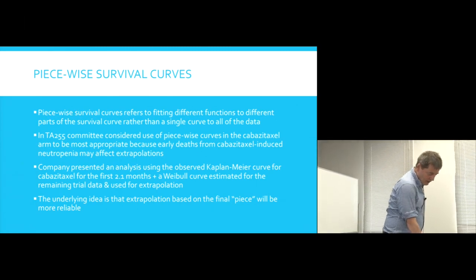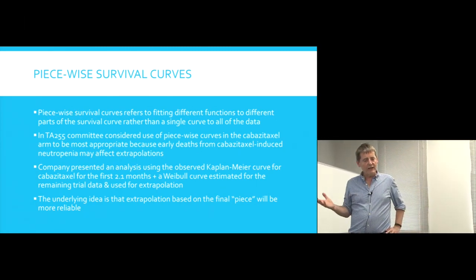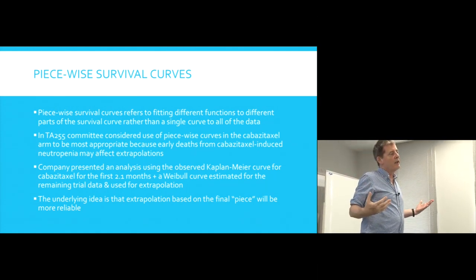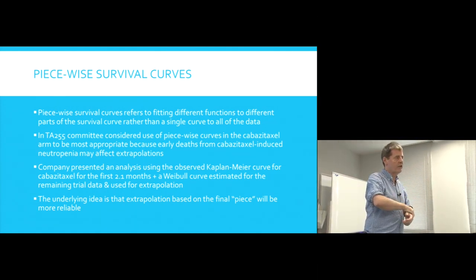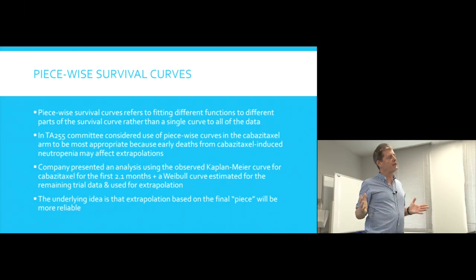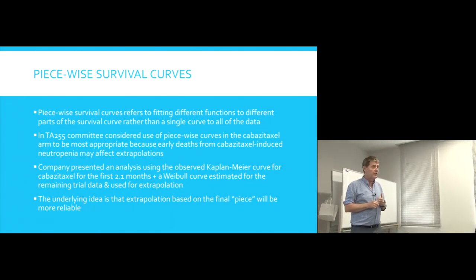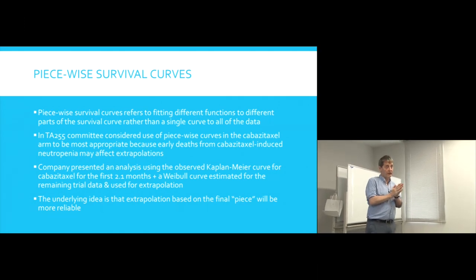Right, now the examples we've had so far, particularly the cytidine example, assumed that a particular survival function was appropriate and fitted it to the entire period of the data. An alternative approach that's sometimes used is what's called piecewise survival curves.